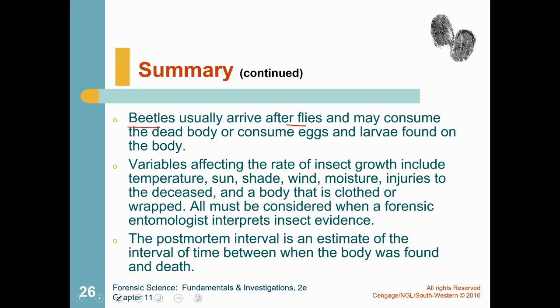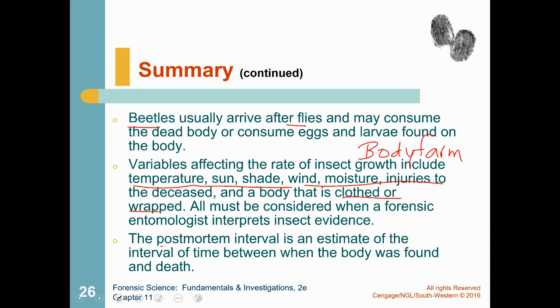Variables affecting the rate of insect growth include temperature, sunshade, wind, moisture, injuries, and whether the body is clothed or wrapped. These are a couple of things that they study at the body farm, if you've heard of the body farm before, which will be one of the activities we're going to look at in this unit.